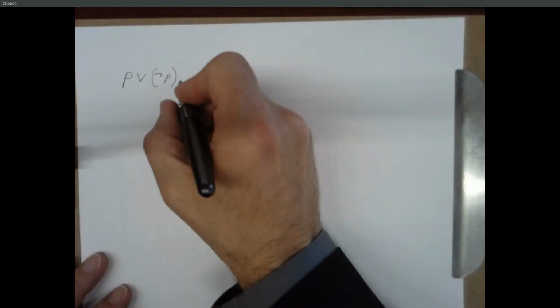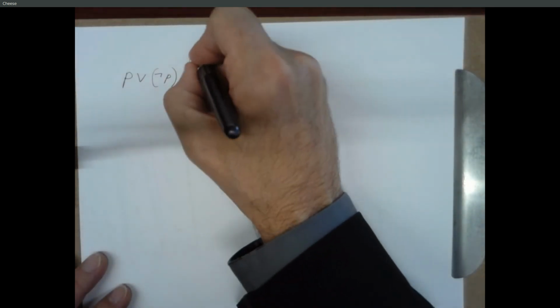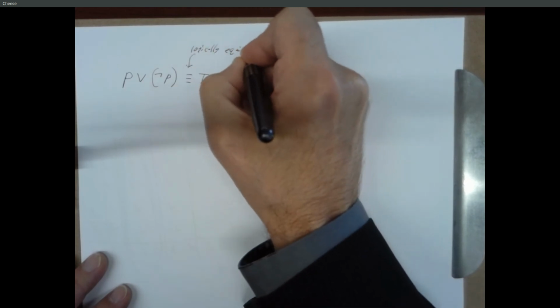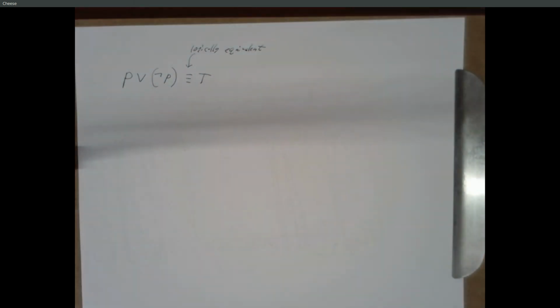So this is logically equivalent to true. And we can write a logical equivalence with this triple equal sign. And true is just always true, right? So this is saying this expression is always true.